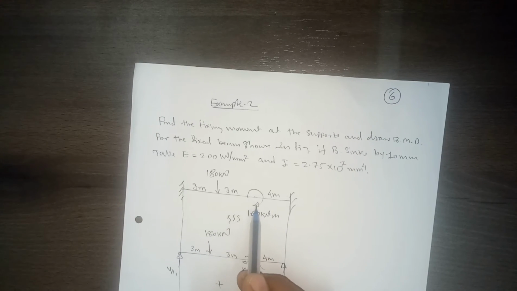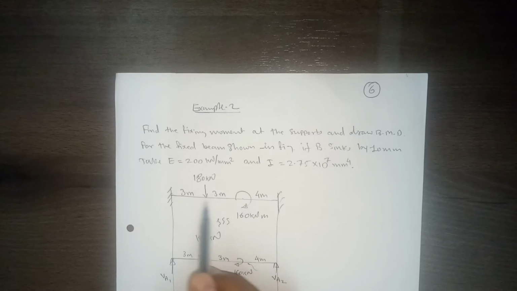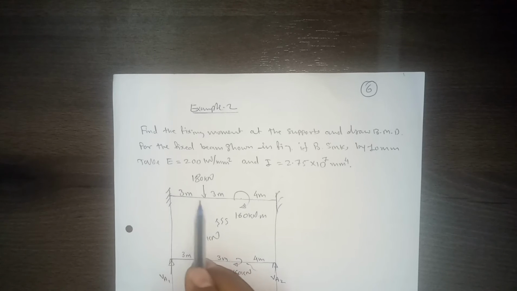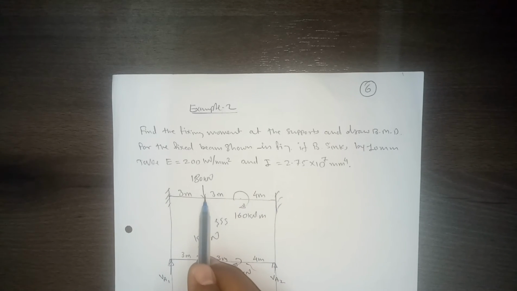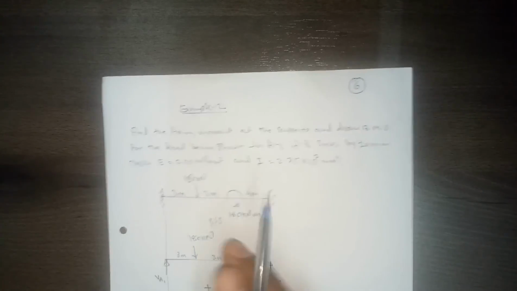In the case of concentrated moment we need to write down the A and B values, and for point load also we need to write down the A and B values. For the point load, the A value will be 3 meter and the B value will be 7 meter. But for the concentrated moment, the A value will be 6 meter and the B value will be 4 meter.